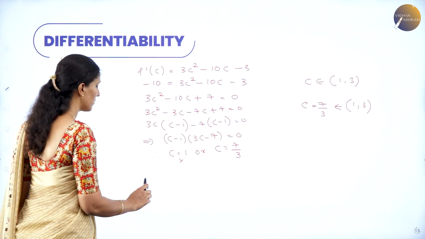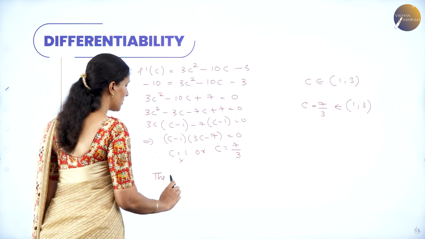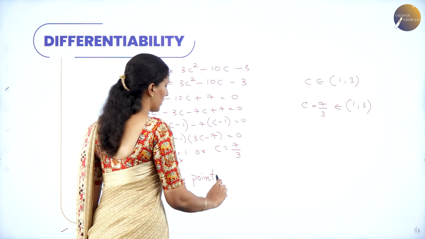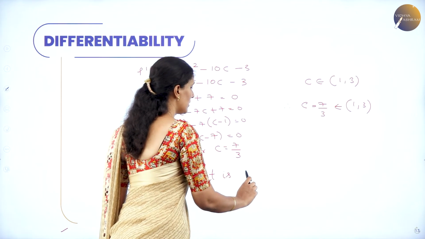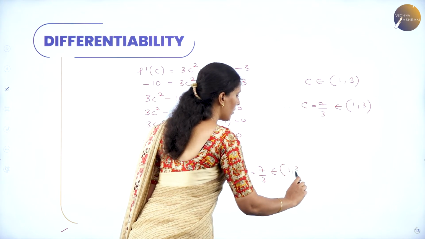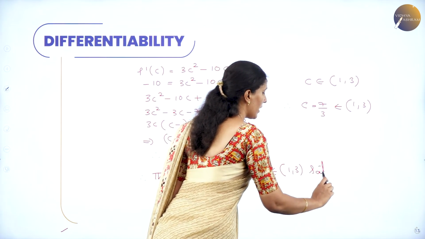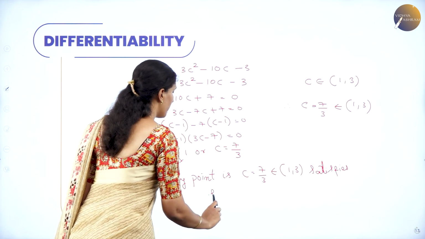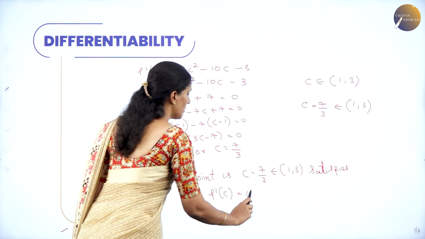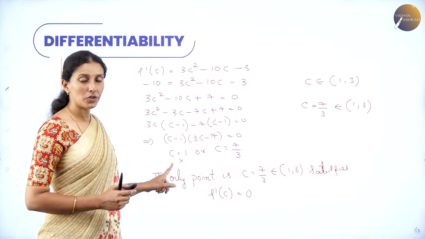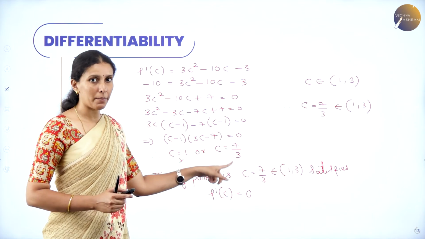So therefore, the only point is C is equal to 7 by 3 which belongs to the interval 1, 3 satisfies f dash of C is equal to 0. So here we get 2 points where C does not belong to the interval and the only point is 7 by 3.